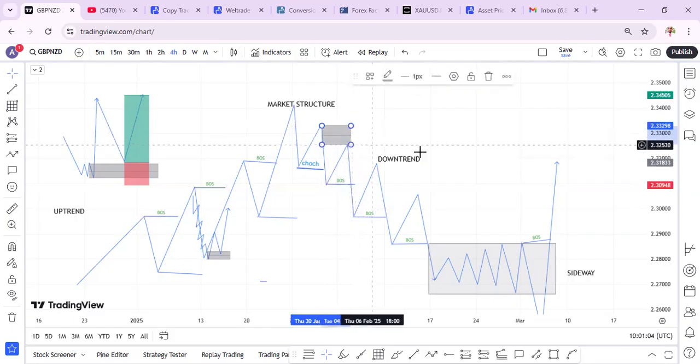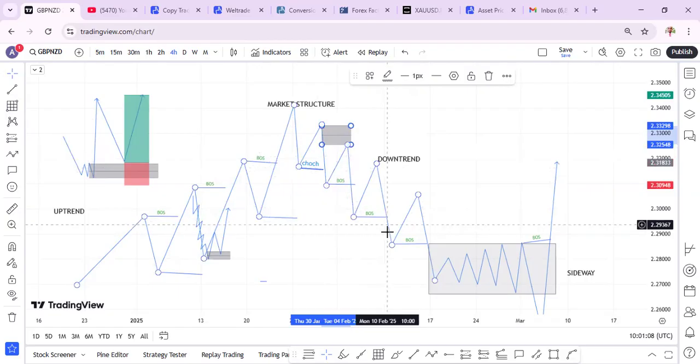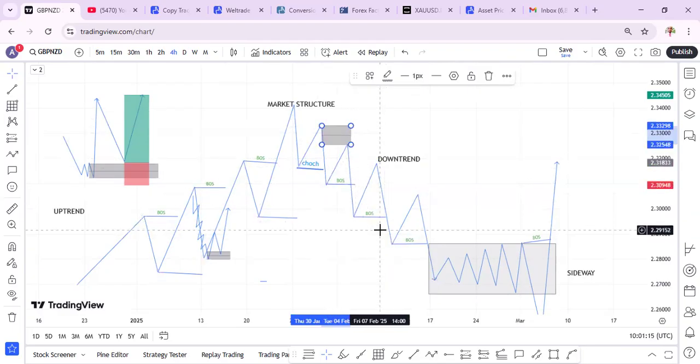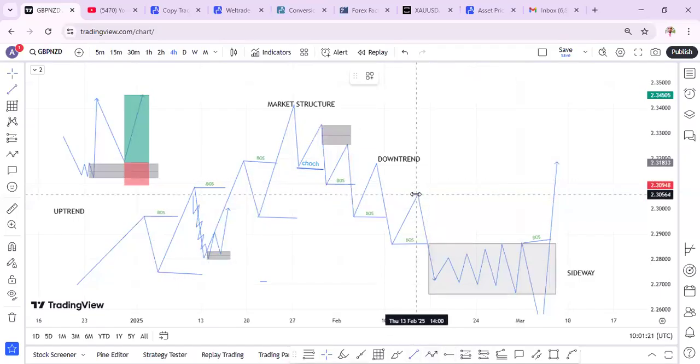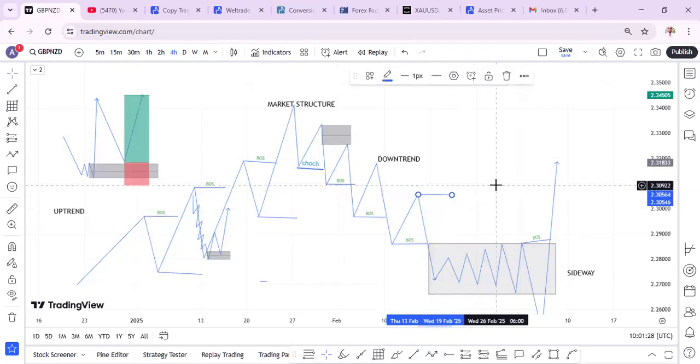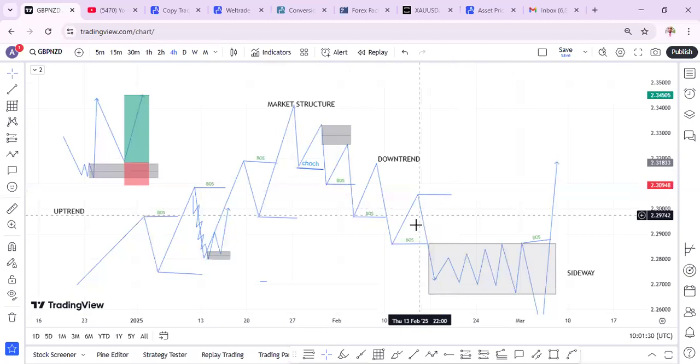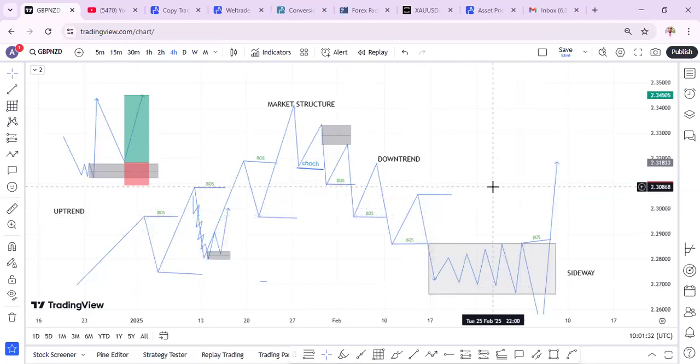So demand tested, fair value gap open, another demand tested, until you continue looking for a sell opportunity in line with the higher time frame. Until price, now this is our last standing lower high, right? Look at this place very well now. This is our last standing lower high. But what happened that caused a break of structure?